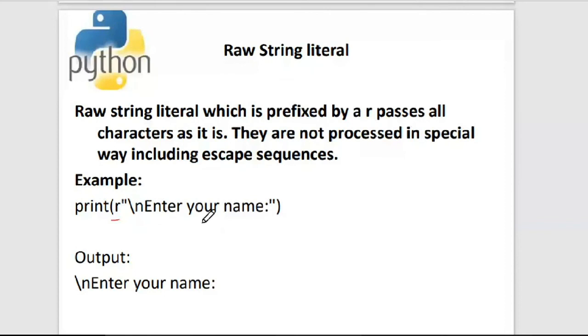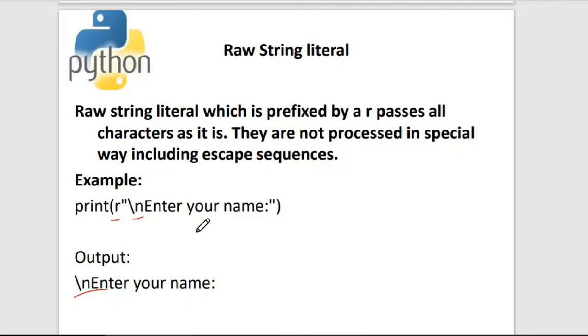For example, I have put the escape sequence /n over here, and it won't be considering /n. Raw means without refining or modifying it, whatever is there, you just show that. So the output will show the /n as it is, including the escape sequences, and it will not process the escape sequences in the special way.